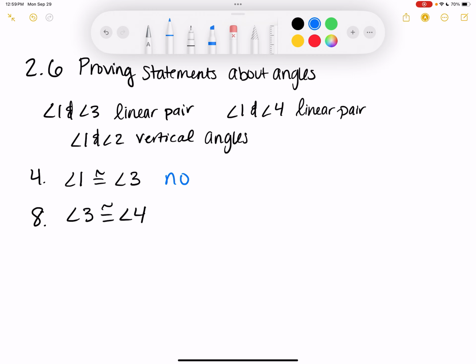Well, they're not vertical angles, but that doesn't mean that they're not congruent. So, Abby, why'd you say yes? Because if you knew that 1 and 2 are vertical angles, then 3 and 4 would have to be too. Probably, but not necessarily. But I know that 1 and 3 is a linear pair and 1 and 4 is a linear pair. So if that's the case, they both have 1 in common, right? So that means that 3 and 4 would have to be the same. So this one would be yes.